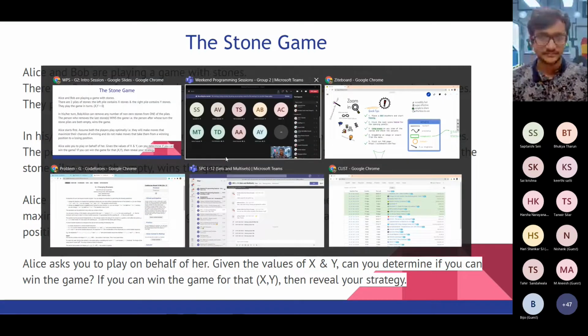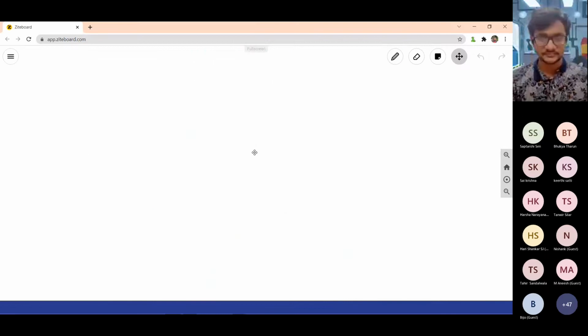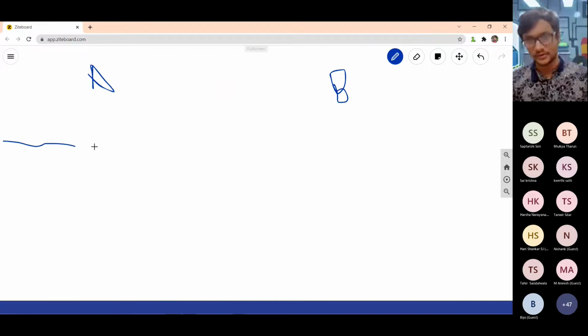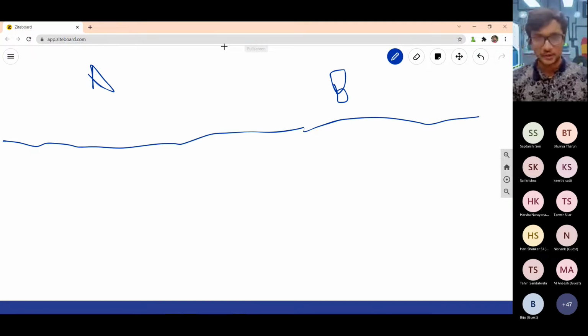So this is Alice and this is Bob. It can be you and me as well. There are two piles of stones in between. One has X stones and the other has Y stones.